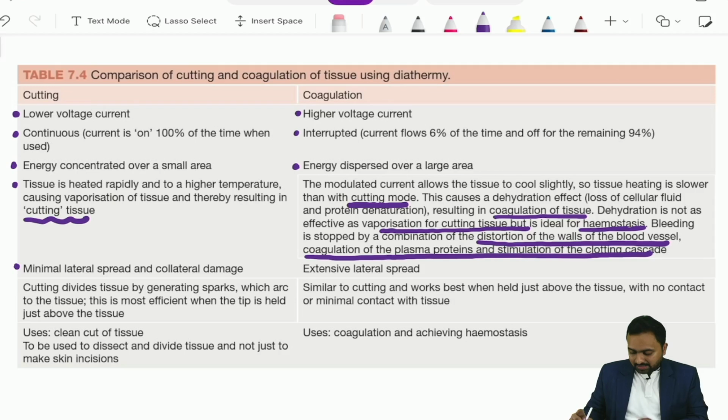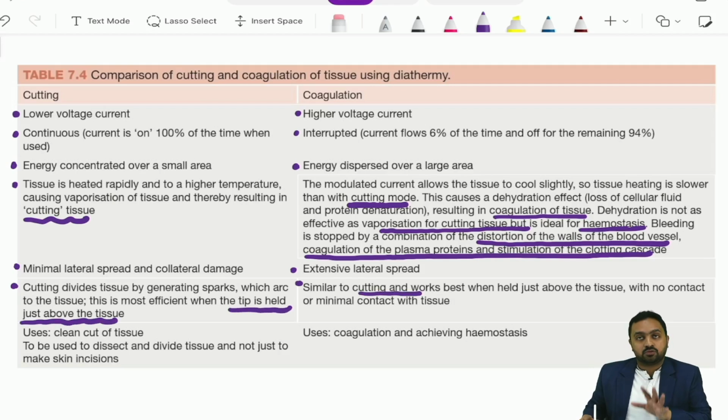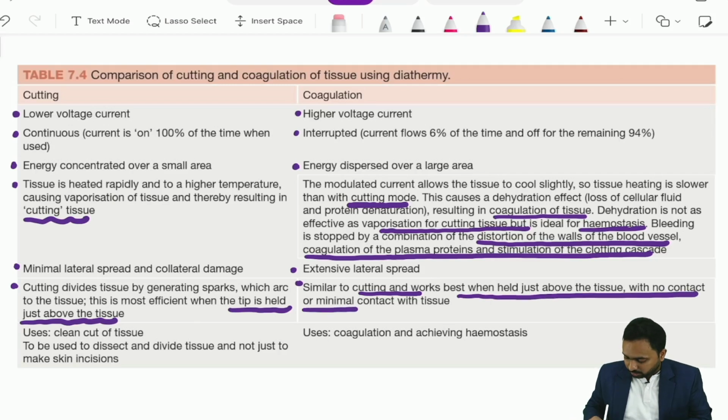So there is a minimal lateral spread and collateral damage in your cutting current, whereas there is an extensive lateral spread in your coagulation. Now cutting divides tissue by generating sparks to tissue, which is most efficient when the tip is held just above the tissue, whereas coagulation is similar to cutting and works best when held just above the tissue with no contact or minimal contact with the tissue.